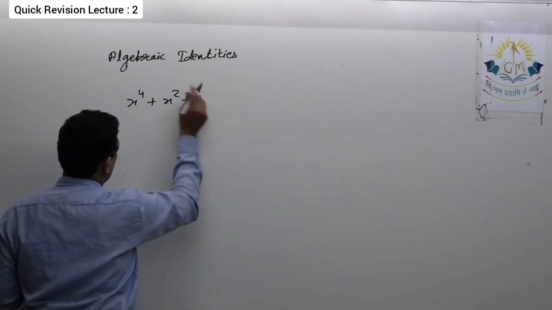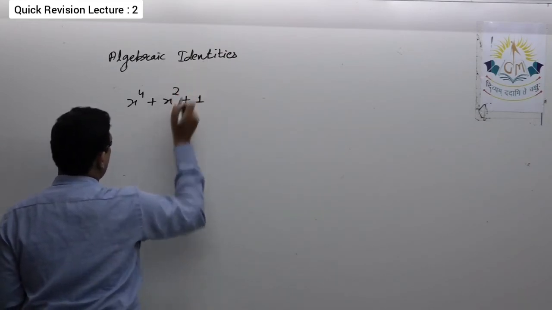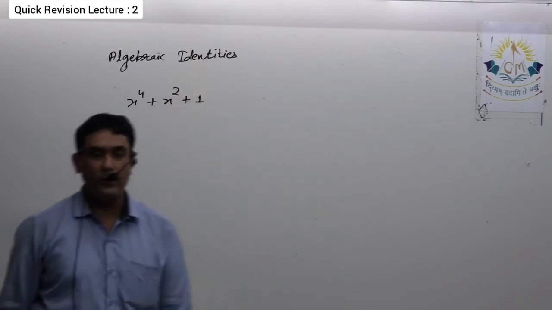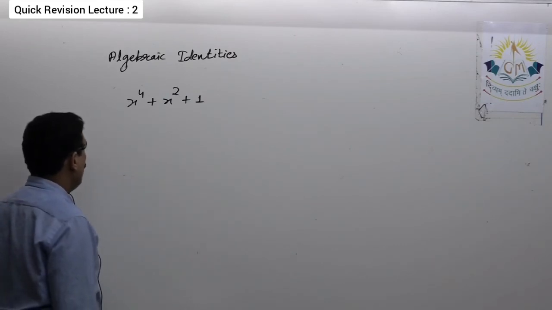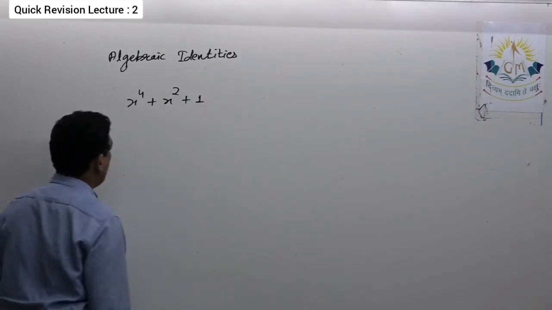Okay, we have to factorize this, x raised to 4 plus x square plus 1. So let us see how to factorize this.